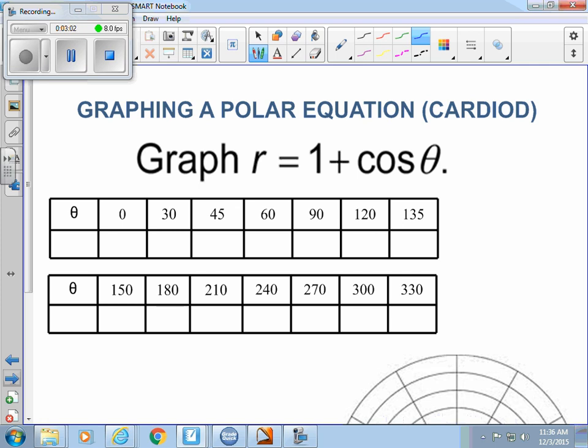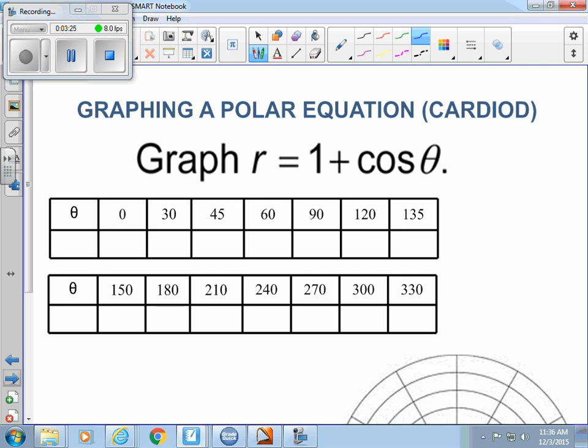Even though I want you to be able to do this completely by hand as far as the values, there are going to be times we pull in some decimals, so I have a calculator handy to do that. My r is 1 plus cosine of theta. So I'm going to take several theta values and go find a radius at those theta values.